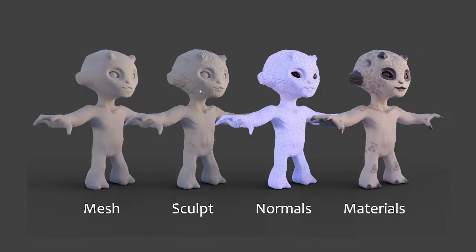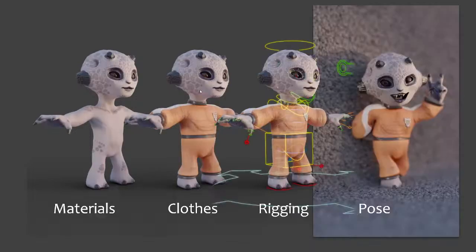So I recommend converting it into a normal map and simplifying the geometry, and then you can get all the materials onto there and get them some clothes, and then you can rig them up and get some good posing out of your character.